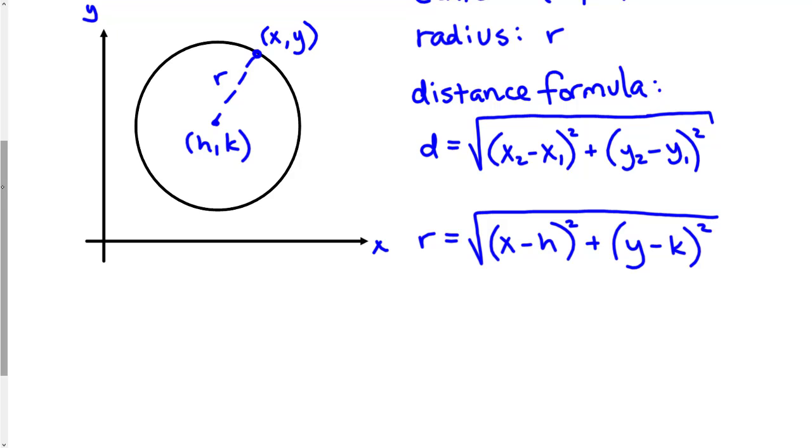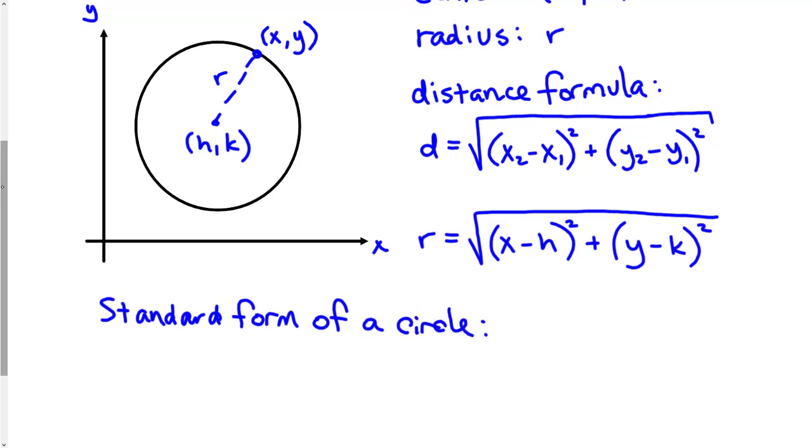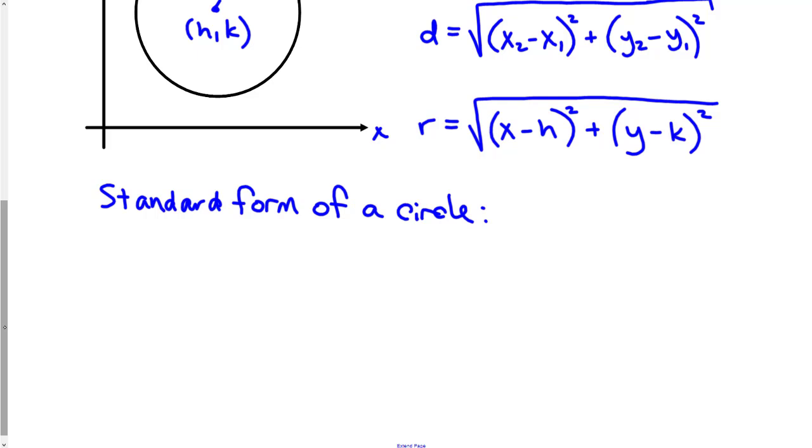And instead of expressing this as a square root, I could write this as what's called the standard form of a circle, which looks like x minus h quantity squared plus y minus k quantity squared equals r squared. Exactly what I had just a second ago.